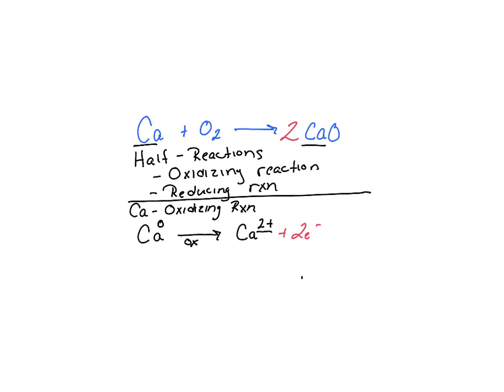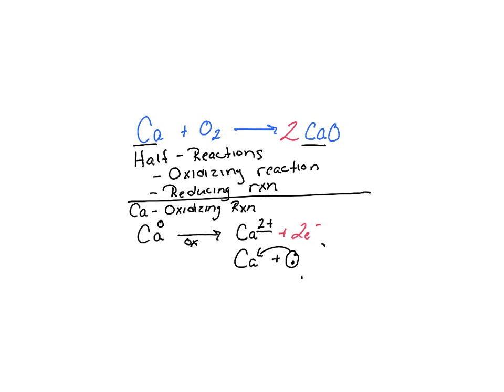Wait a minute, mister, I don't get it. Well, let's take a look. If I have calcium, and calcium has given up those 2 electrons, at least here it has, by adding 2 more electrons, according to this, then we get back to this 0 charge.